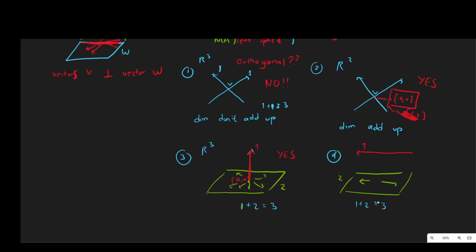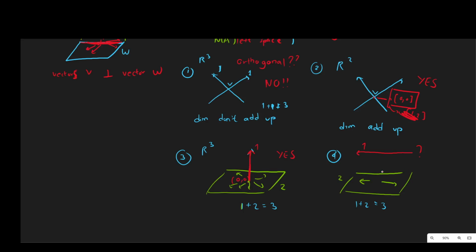So does that mean it's violating what I defined earlier, that the dimensions must add up to the dimension of the whole space in order to be orthogonal? What happened here, I wonder? The dimensions add up to 3, but they're not orthogonal.